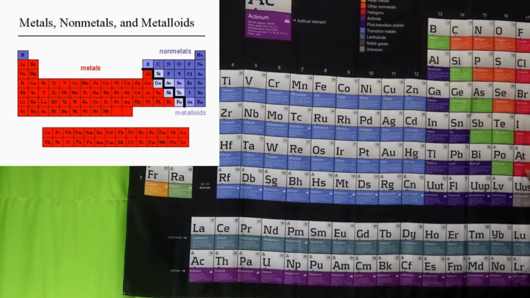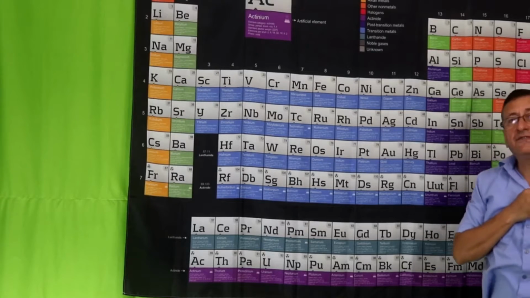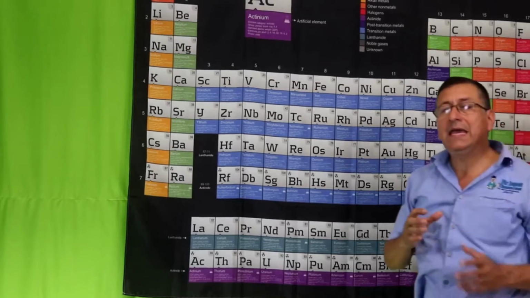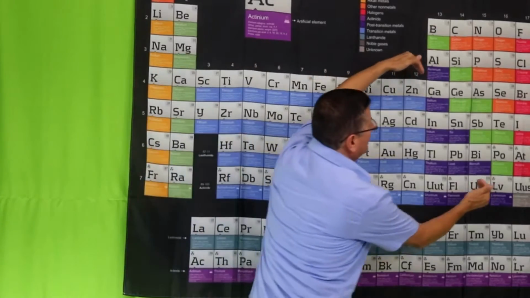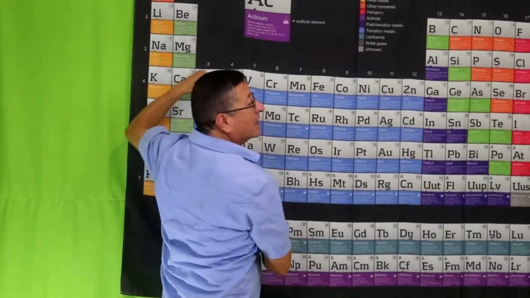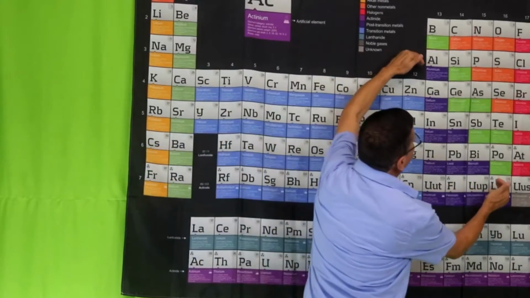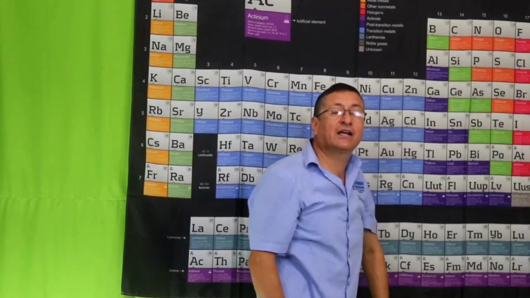That division is very important. Why is that division critical when you study the periodic table? It's because below that division, those elements are considered metals, and over the division, those elements are considered non-metals.